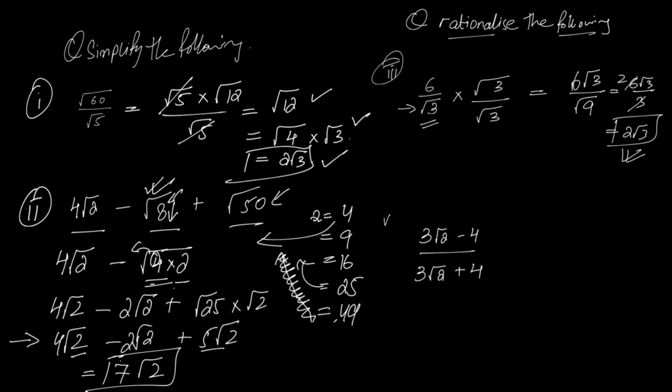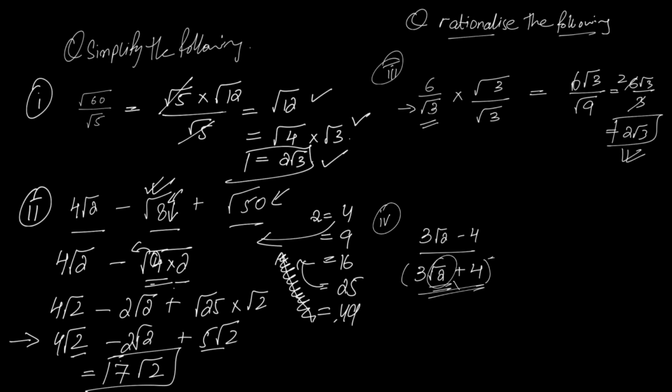Now let's look at this case. So what can we do to eliminate this root 2 in the denominator? Well, to remove this, we have to square all of this. But if we square all of this, we will get the middle term, which will be 2ab, which will again have this square root.